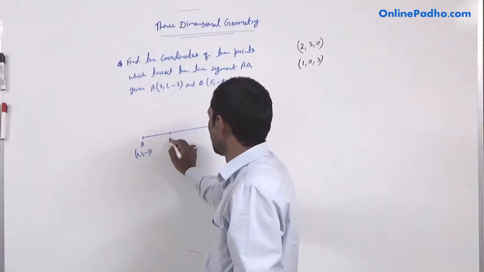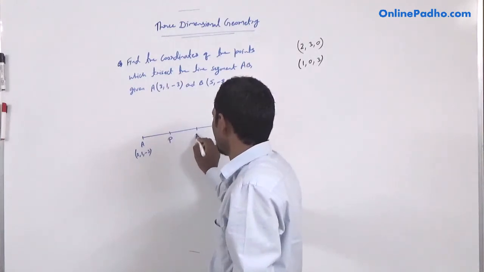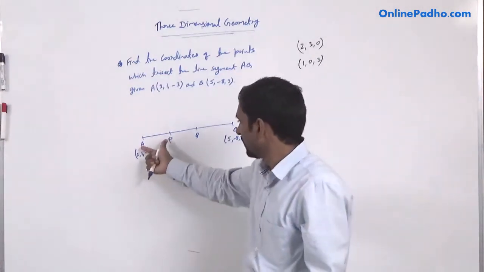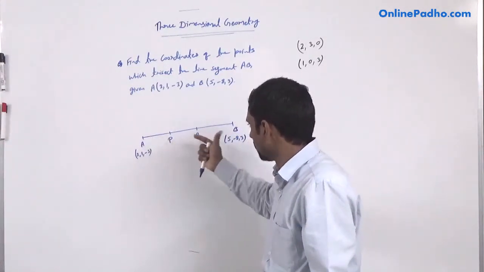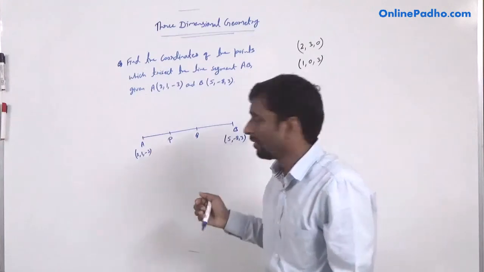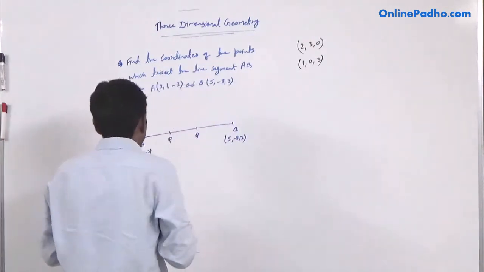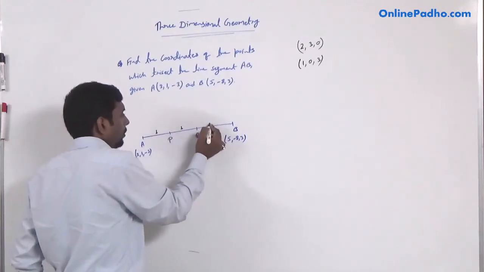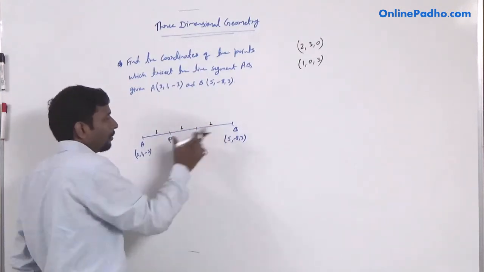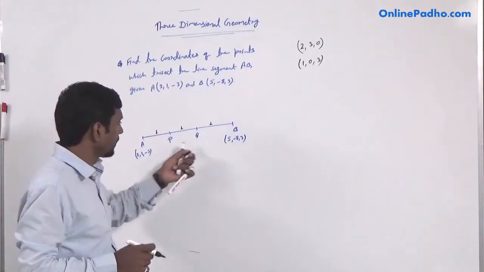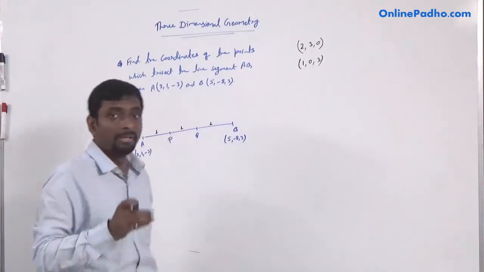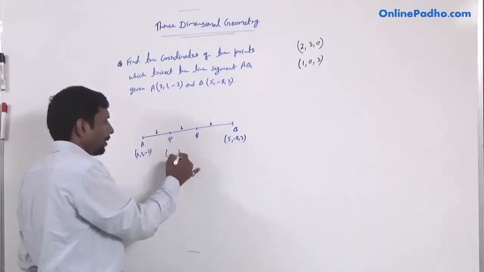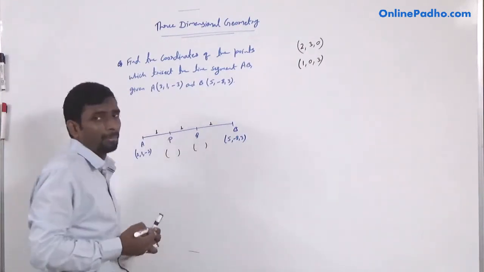So we can consider 2 points P and Q in between AB such that AP equals PQ equals QB, right? So we can consider AP:PQ:QB as the ratio 1:1:1, so that we can say that P and Q divide the line AB into three equal parts, right? Now we have to find the coordinate of point P as well as the coordinate of point Q.